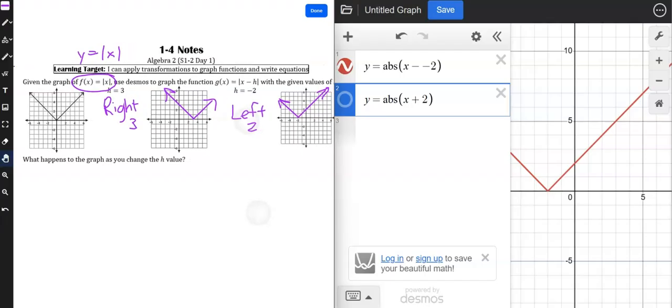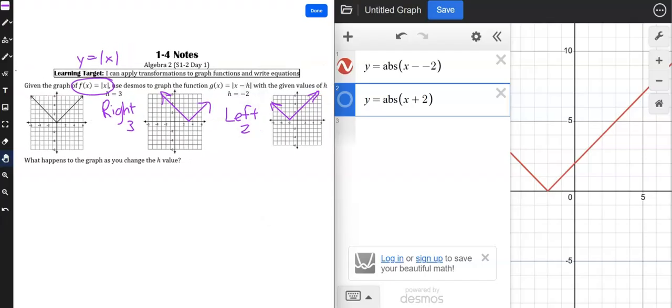What happens to the graph as you change the h value? h is a horizontal shift. Now, another word for that is horizontal translation.